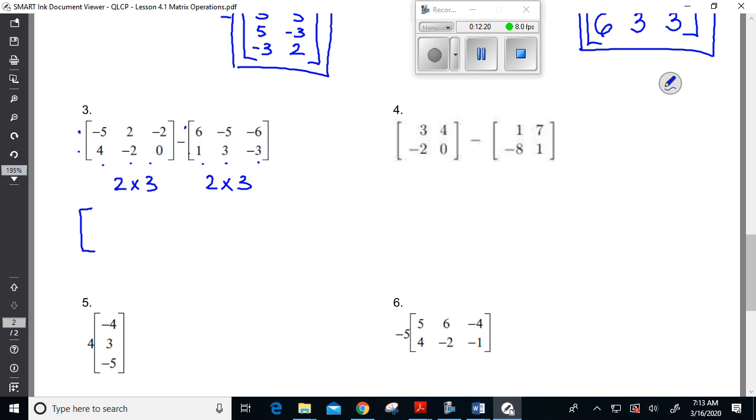Remember, if they didn't match, then it's not possible, and we're finished. -5 minus 6. Remember, be careful with the signs. 2 minus -5. -2 minus -6. 4 minus 1. -2 minus 3. 0 minus -3.